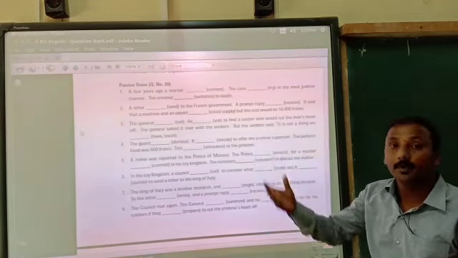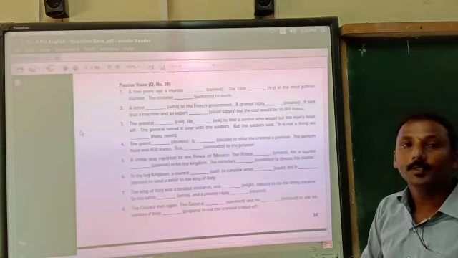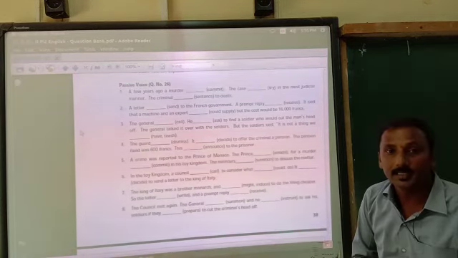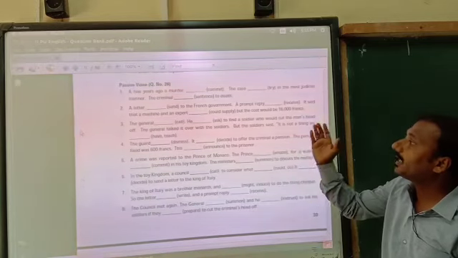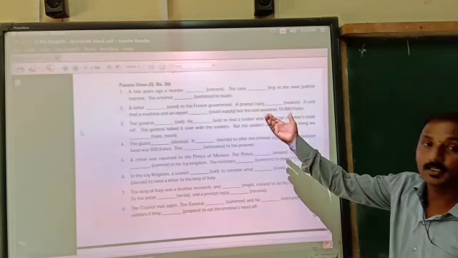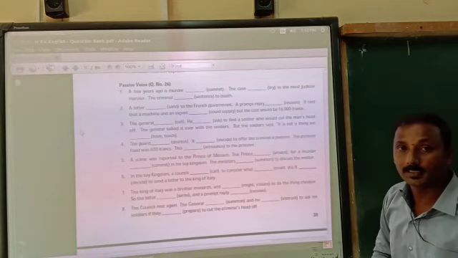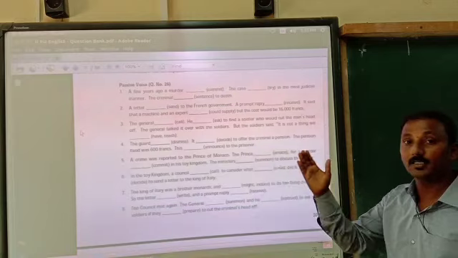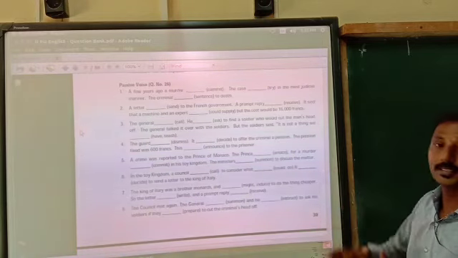In your second year exam, the question: complete the following sentence by filling the right form of verb given in bracket. So this is also based on the passive voice concept, and we already learned the rules on how to change an active voice sentence into passive.